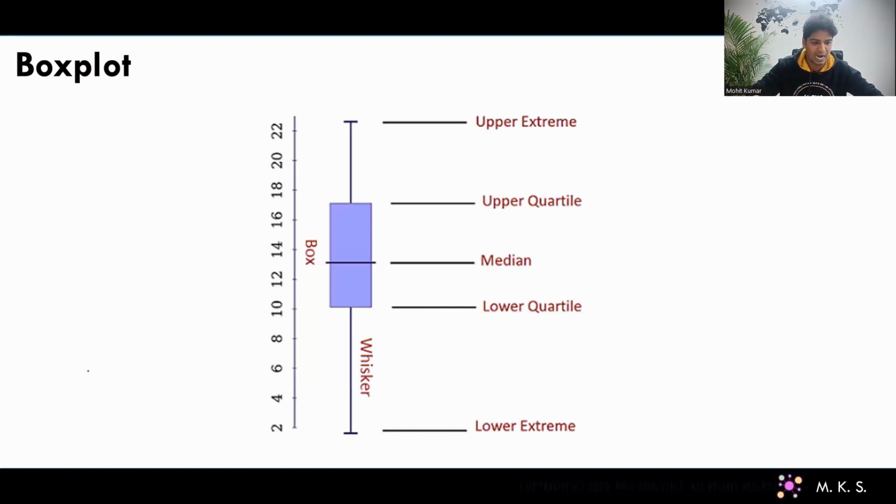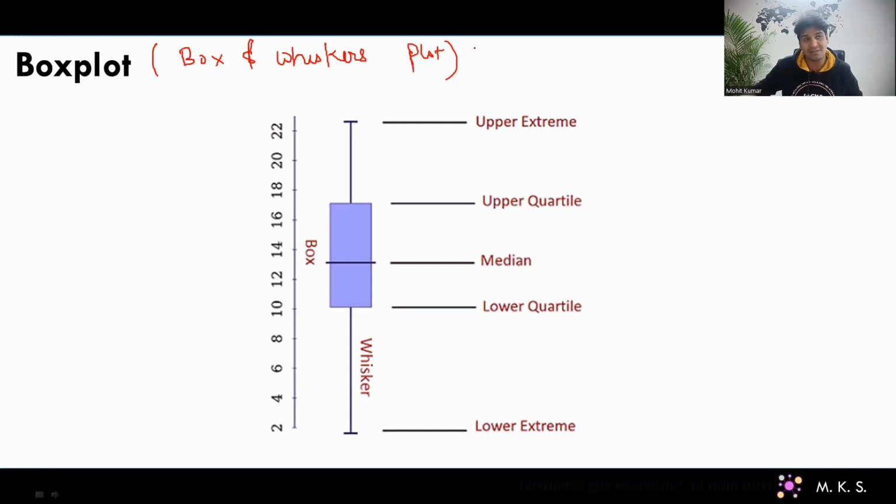Okay, first of all, starting with this, guys. Boxplot has different names, guys. Sometimes you will see people calling it box and whiskers plot. There is another name to it, and it is very popular.